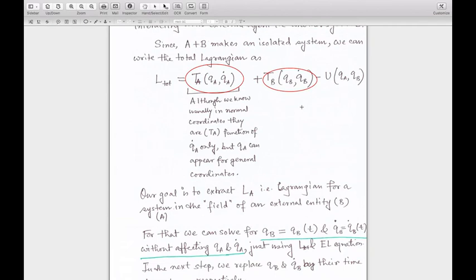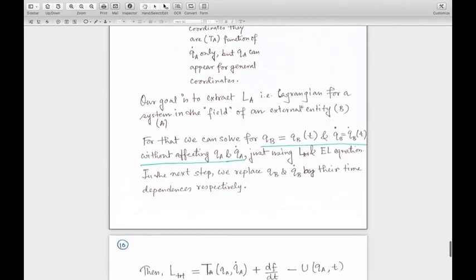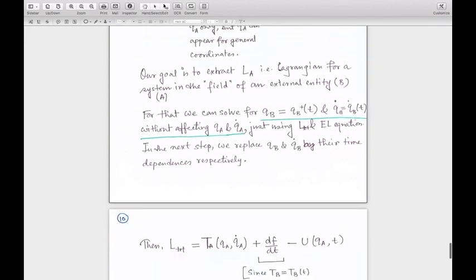If you do that, you will have the equations of motion by which you can solve for Qb. And if you know Qb as a function of t, then by differentiating you will have Qb dot as a function of t. Then you solve everything for system B, so the whole system B can be written explicitly in terms of time. And that can be done without affecting Qa and Qa dot.